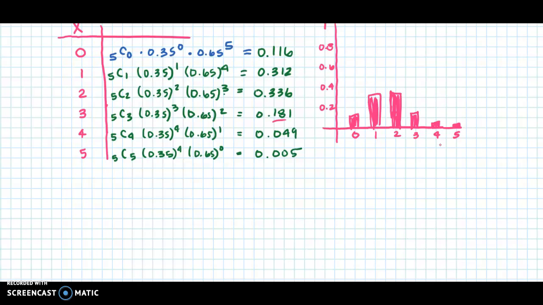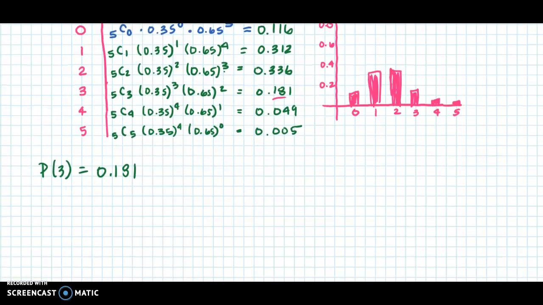And then I could ask you to do lots of different things. So I could say, what is the probability that you pick 3 people who say yes? And that would just be 0.181. What's the probability that x is greater than or equal to 3?